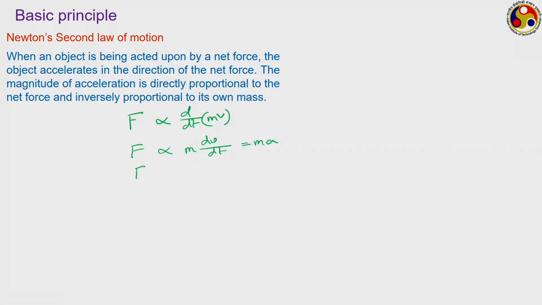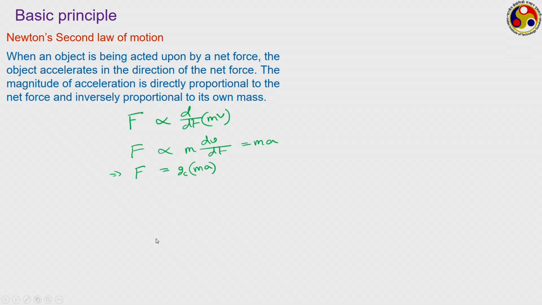Now converting this to an equality relation, we generally get F = (1/Gc) times mass into acceleration, where Gc is the constant of proportionality. Some of you may be wondering where this constant of proportionality is coming from, because F equal to mass into acceleration is something that you have read from high school itself, but that definition is true only when you are using the SI system of units.